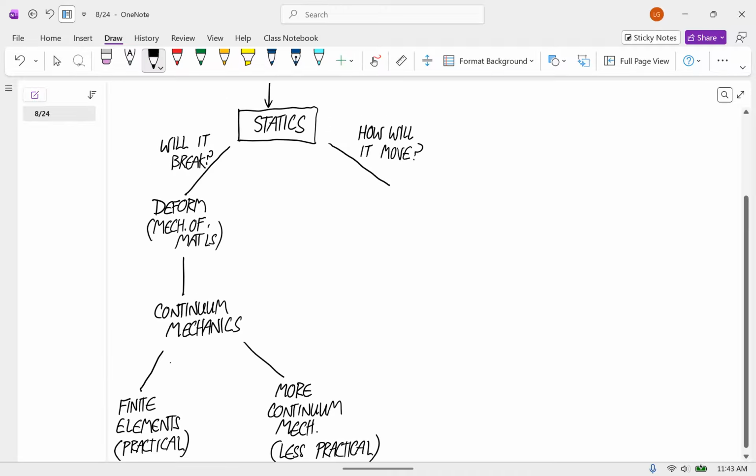And then in the other direction from statics, you would take dynamics. And the first dynamics class you take, most of you will take it with me in the spring probably, is in Newtonian mechanics. And Newtonian mechanics means that you're using Newton's laws to do analysis. So you're using the ideas of forces and accelerations rather than using energy for the most part.